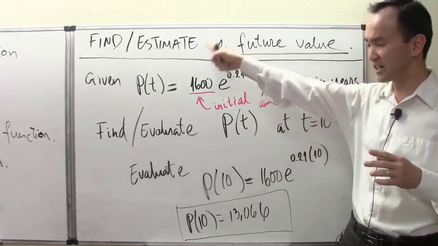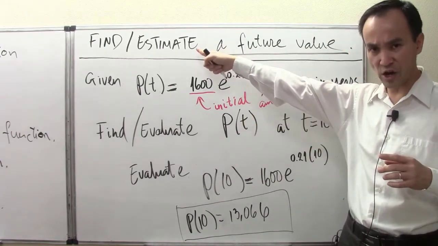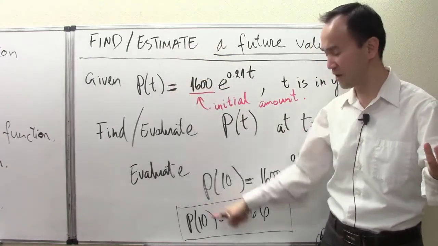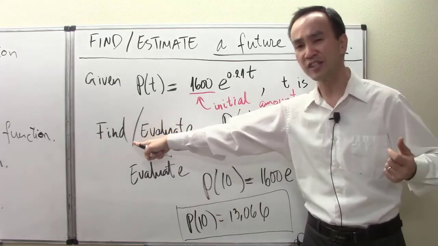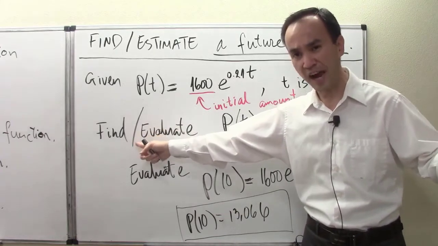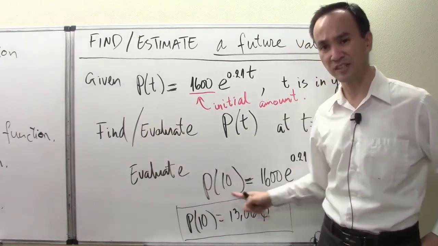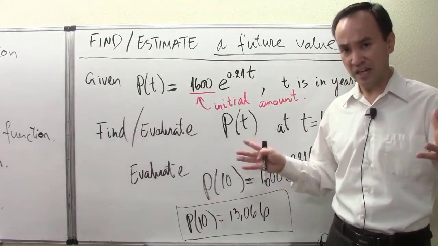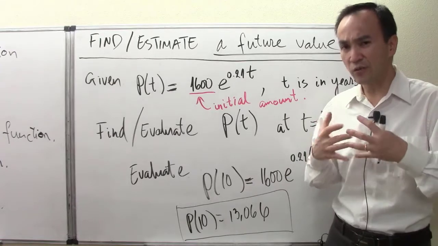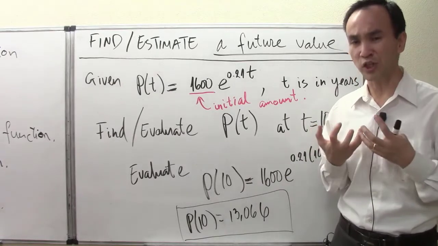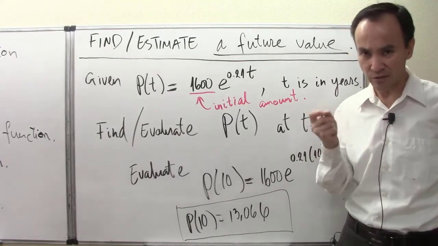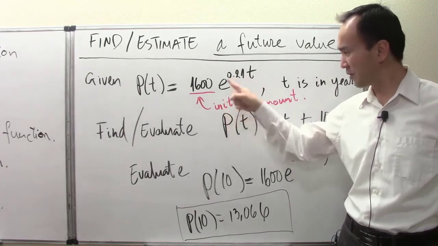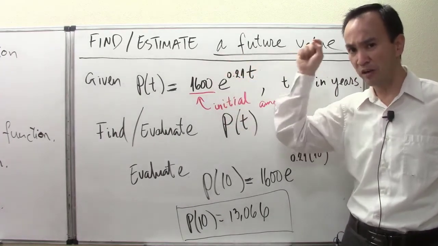We're again in one of the scenarios where we just use a modeling function. Even though I'm using the term find or evaluate, really this is an estimate of how many bacteria we have in 10 years. The most accurate way of making the statement is that we're estimating, because a modeling function only helps us predict.